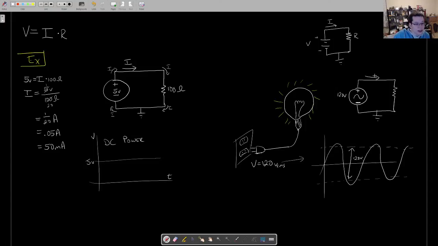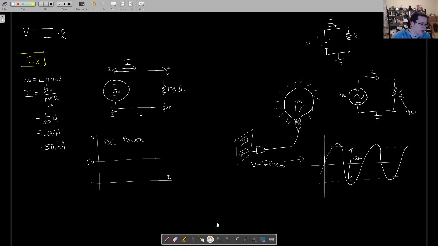We want to know what is I. And actually, we don't know what R is either. But what we do know is that the power dissipated in that load is 40 watts. It's a pretty typical light bulb before they all went to LEDs and compact fluorescence. A pretty standard incandescent light bulb was 40 watts.